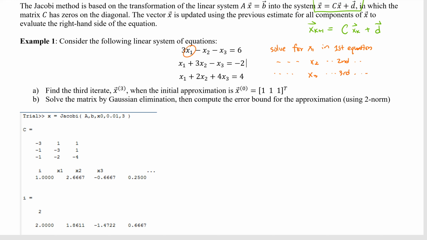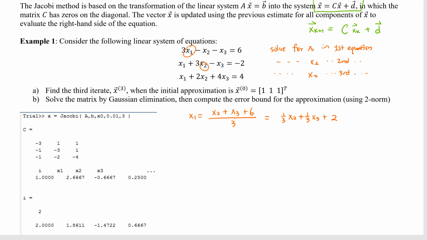Look at this. How do you solve for x1? Well, we move the x2 to the other side, it becomes positive x2. Move the x3 to the other side, it becomes positive x3, and we have the 6. And we also need to divide by 3, right? So this is 1/3 x2 plus 1/3 x3 plus 6 over 3, which is 2.